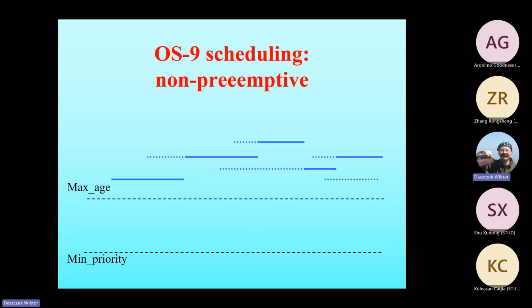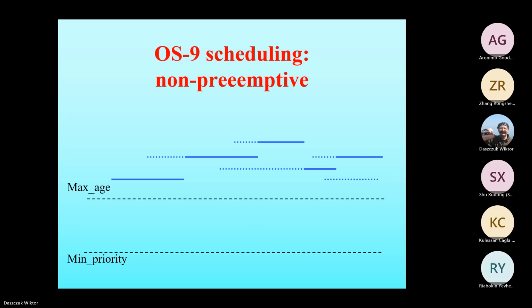This mechanism is used between minimum priority and max age. Over max age, aging is not used. This area is designed for real-time processes.